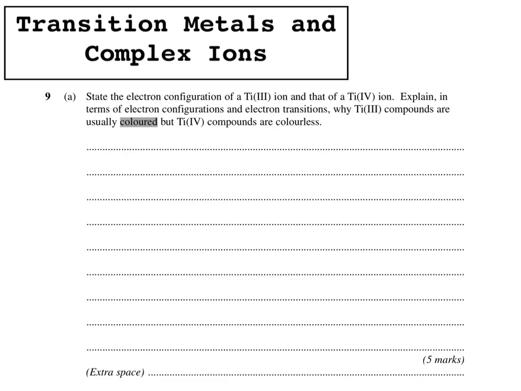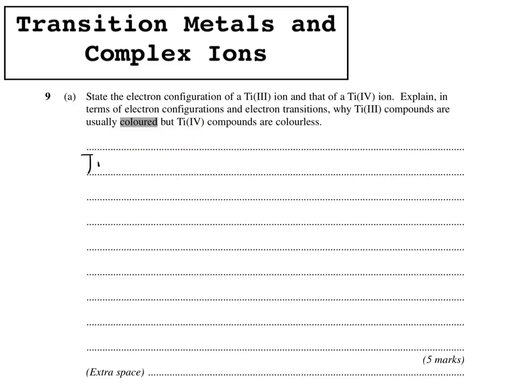And then finally, it says state the electron configuration of a Ti3+ ion and that of a Ti4+ ion. Explain in terms of electron configurations and electron transitions why Ti3+ compounds are usually coloured, but Ti4+ compounds are colourless.